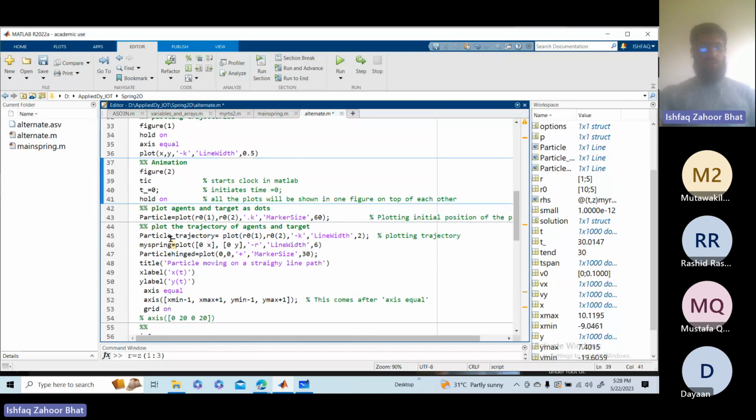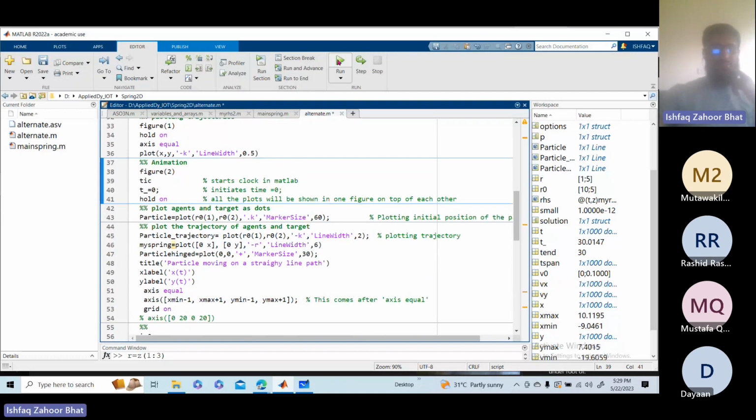Then I need to draw its trajectory. For that, I start it from the initial position. I want to plot my spring. For the spring, I am using this thing. Okay, let us animate, and then we will see how things are going.